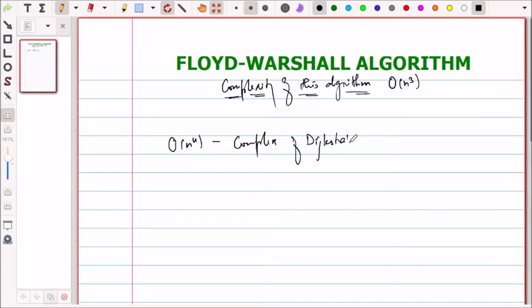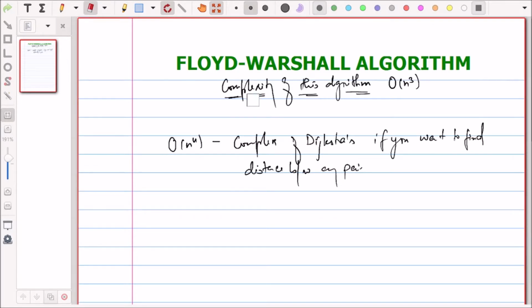So this will be the complexity of Dijkstra's algorithm if you want to find the distance between all the pair of vertices: order of n to the power 4.